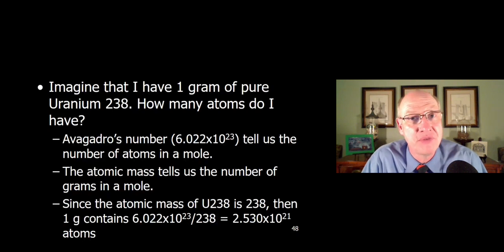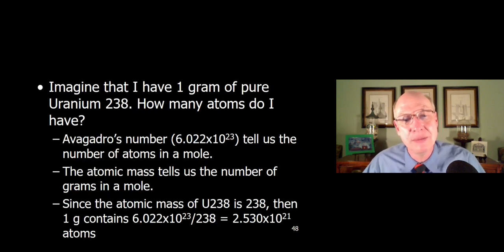Well, you might remember from high school chemistry class the value of Avogadro's number. Avogadro's number, that famous number that tells you how many items are in a mole, tells us the number of atoms in a mole, and that's 6.022 times 10 to the 23rd. Now, atomic mass tells us the number of grams in a mole.